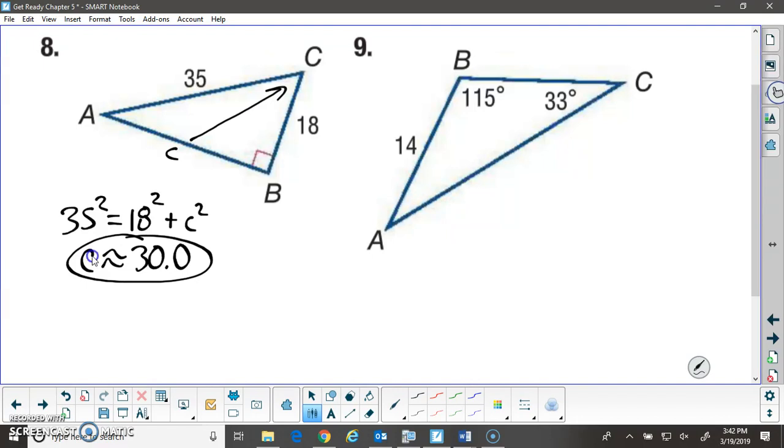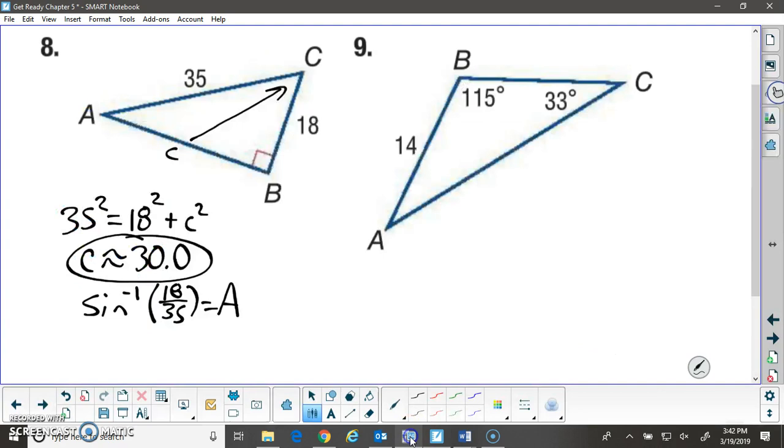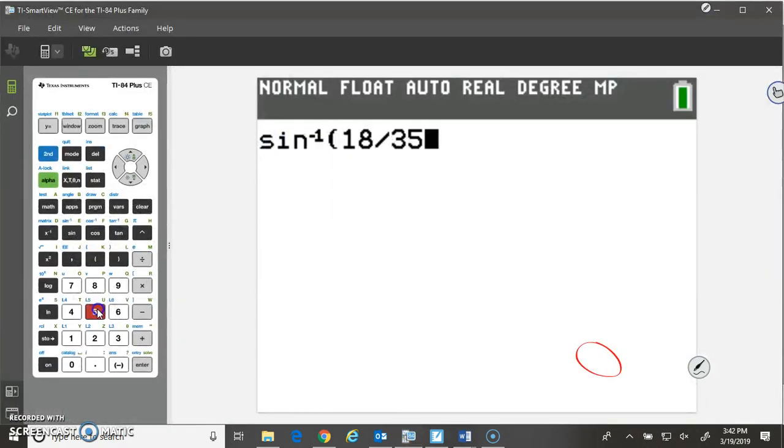Now, to find the missing angles, A and C, we can use sine inverse of 18 over 35 to get angle A. So if I do that, 18 divided by 35, just want to check my mode to make sure I'm in degree mode here. I am.